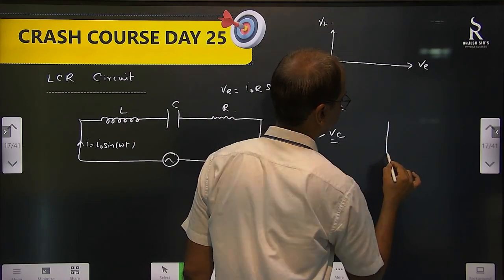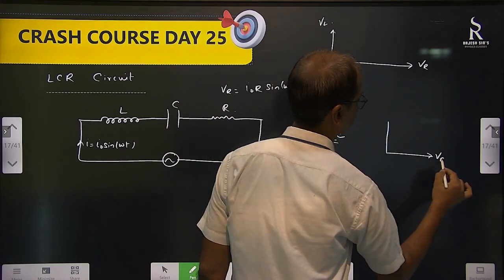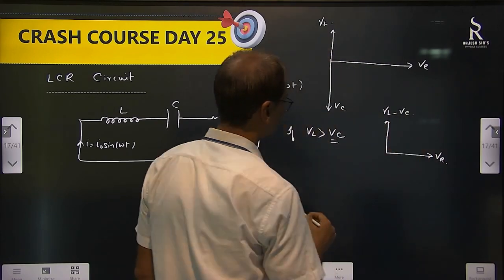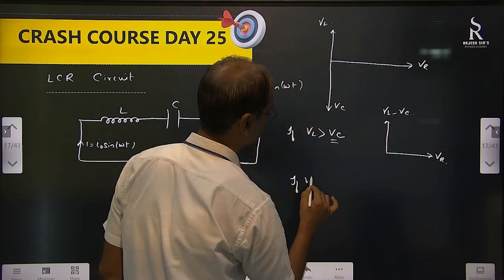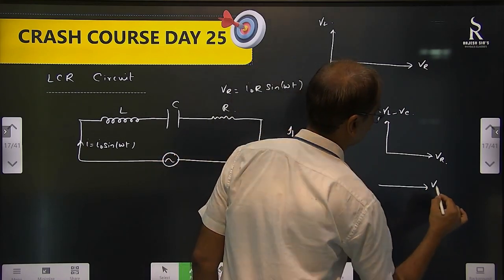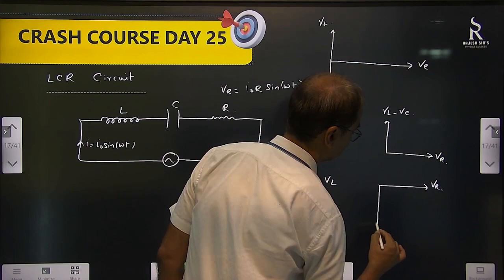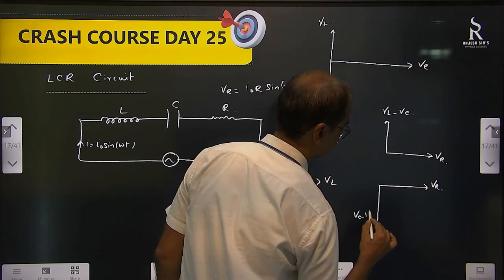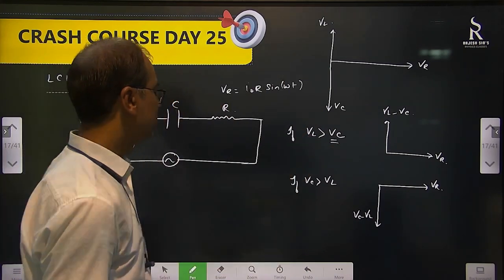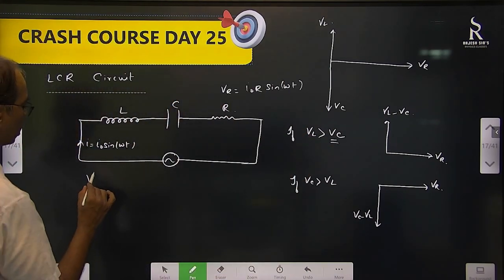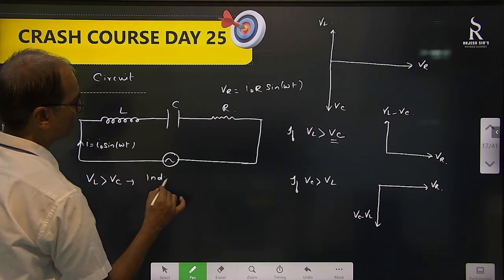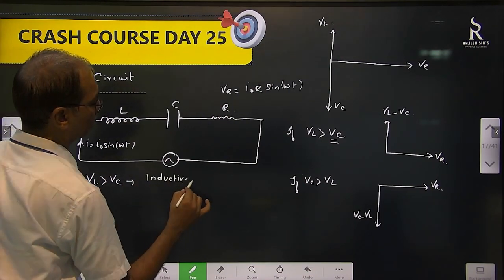The graph will be like this. Here is VR, then it will become VL minus VC. And if VC is greater than VL, then this is VR and this is VC minus VL. When VL is greater than VC, it is called an inductive circuit.